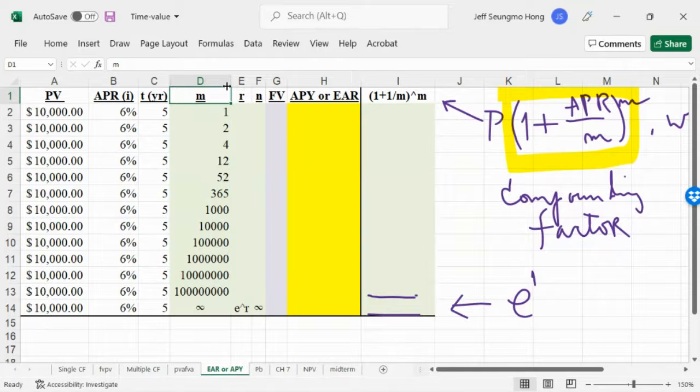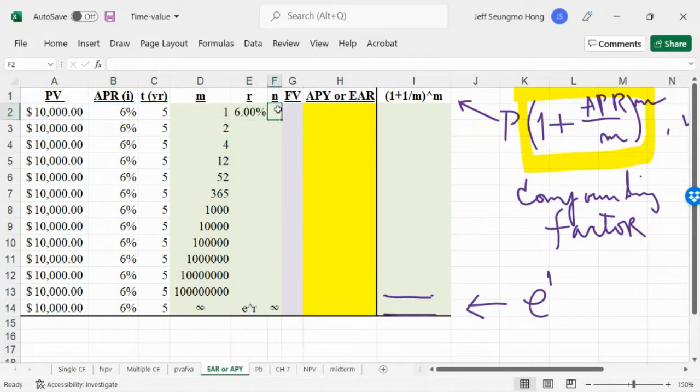So if it is 1, there's no difference in the periodic rate, because compounding is only once. And 5 years will still be 5 years, because N is T times M.